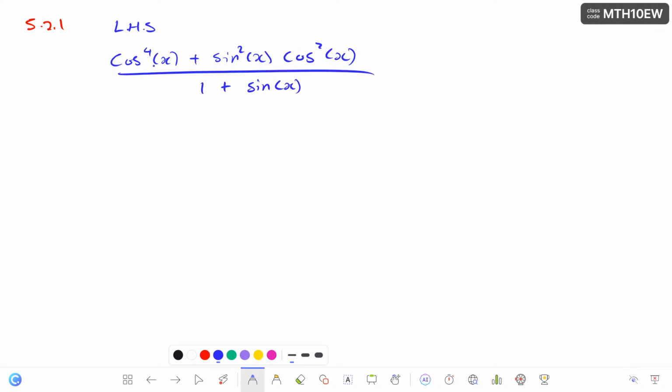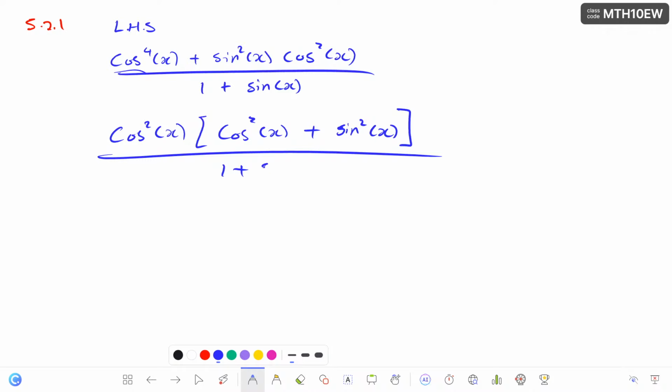So here we can take the common factor because there is a common factor on this side and this side. So we can take cos squared x into cos squared x plus sine squared x, divided by 1 plus sine x.